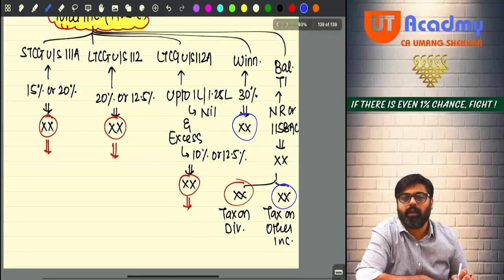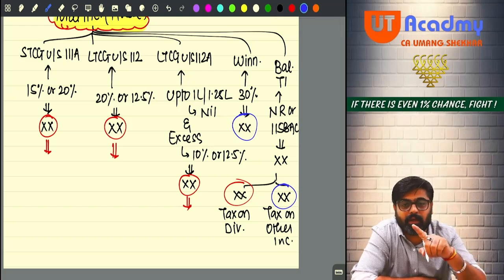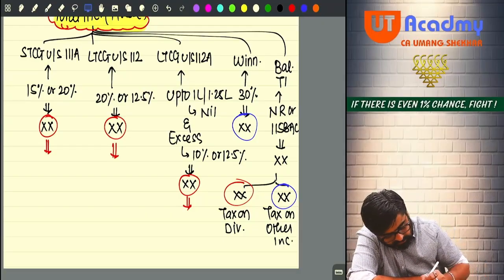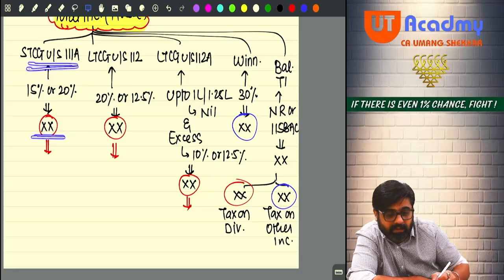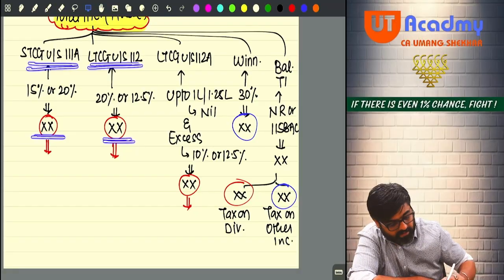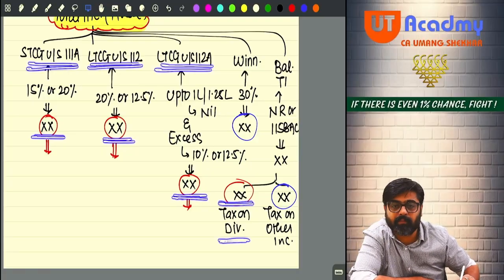See, red color. How many incomes can you see? This is the tax on your short-term capital gain. This is the tax on your long-term capital gain 112. This is the tax on your long-term capital gain 112A. And this is the tax on your dividend income.